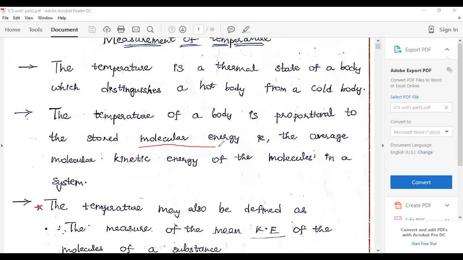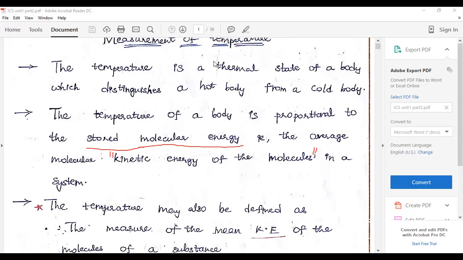It is going to store molecular energy, that is the average molecular kinetic energy of the molecules in a system.